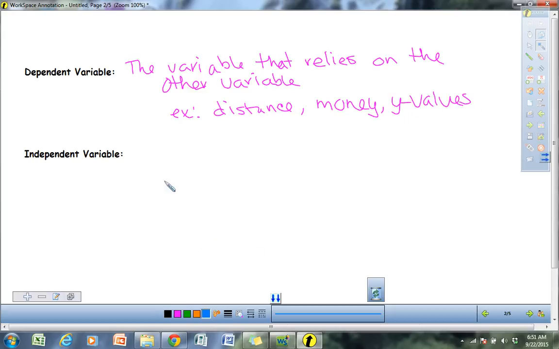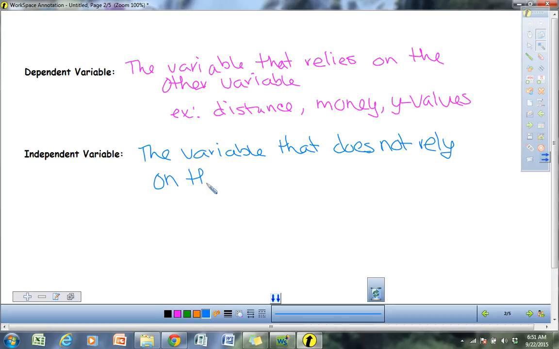Alright, so our independent variable is the variable that doesn't rely or depend on the other variable.